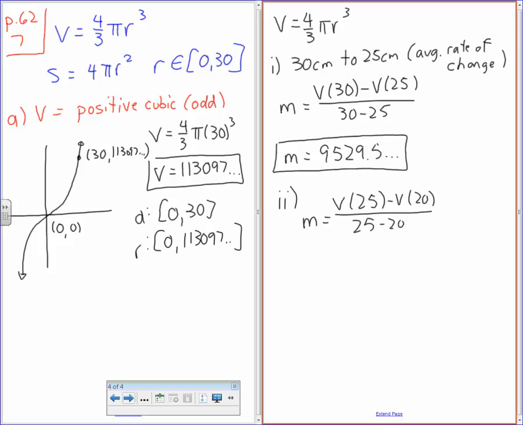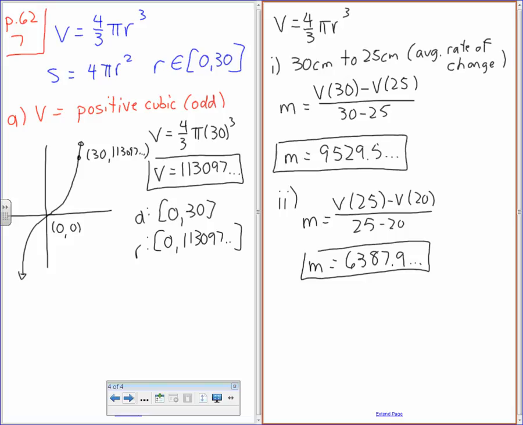Okay, what's up for that? 6,387.9. Okay. And the point they're trying to make here is, if you go from 25 to 30, the slope's going to be very high. If you go from 20 to 25, the slope's going to be less. That's all we're saying for that. That's the logic they're trying to show.